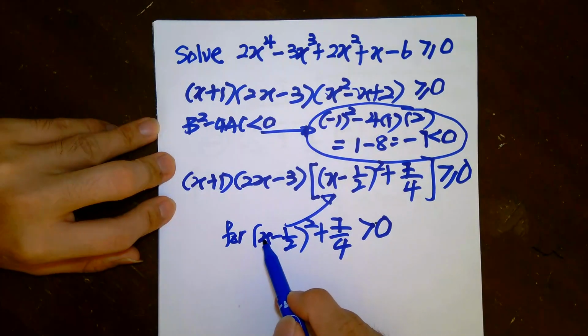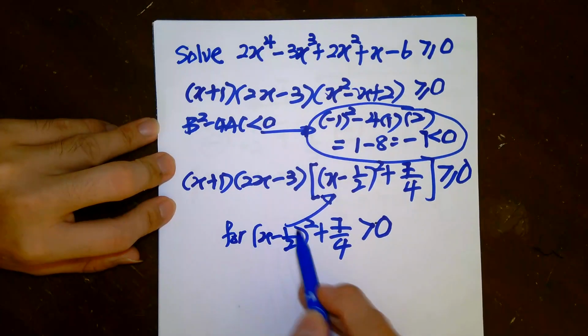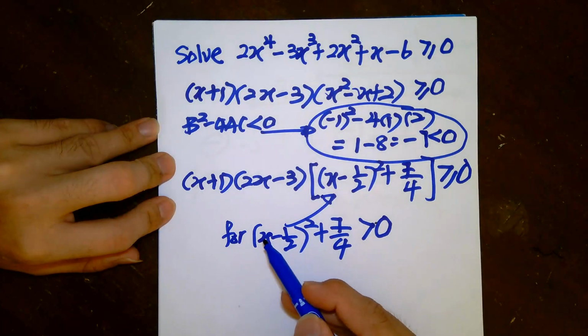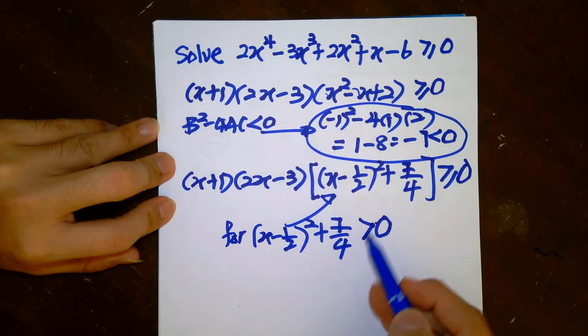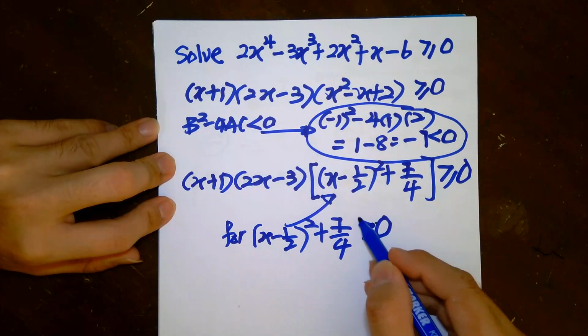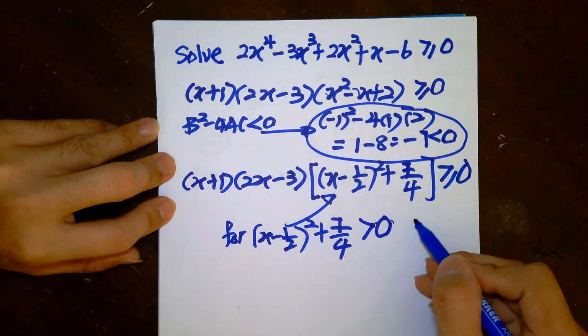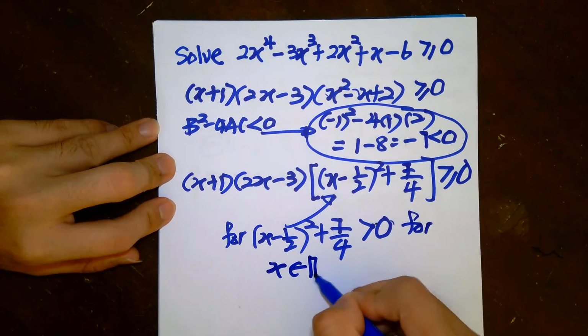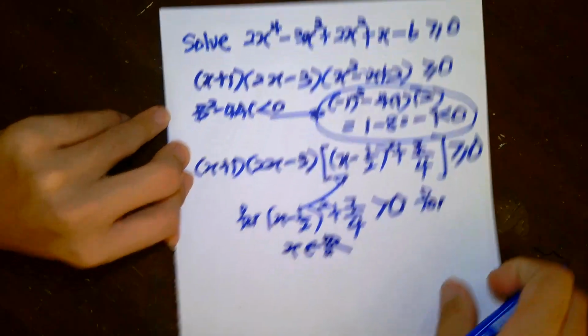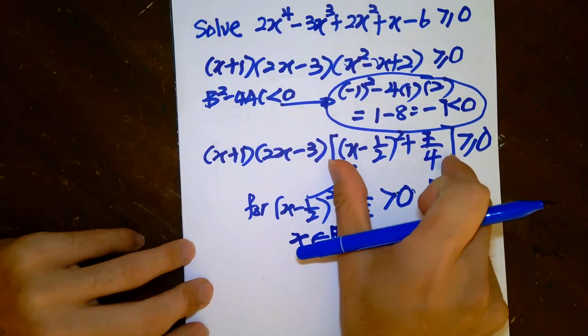You can choose any value, 0, negative 1000, 100, negative 102, anything, and you will get either 0 or a positive number. So this is always more than 0 for all real numbers.